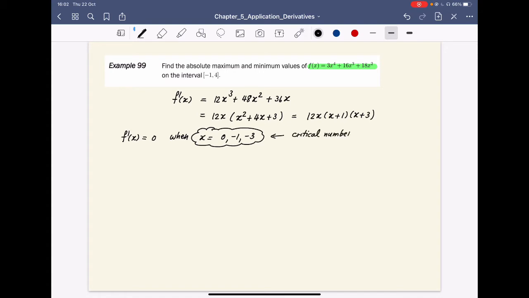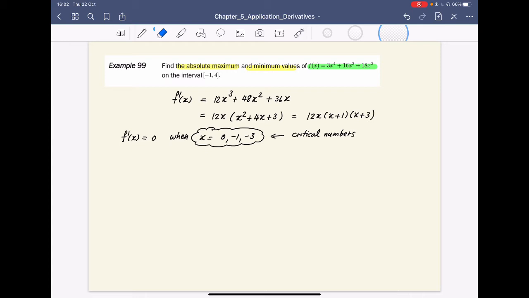So once you get your critical numbers, you can look at the absolute max and absolute min. All we need is to include the endpoints, and then you just compare all the values. That's all you need.